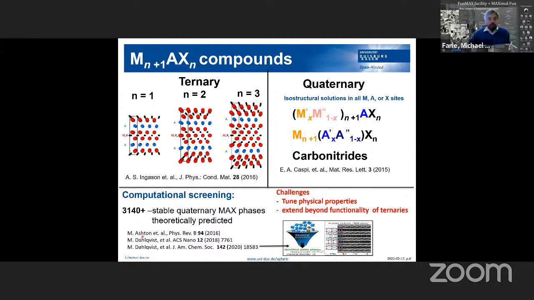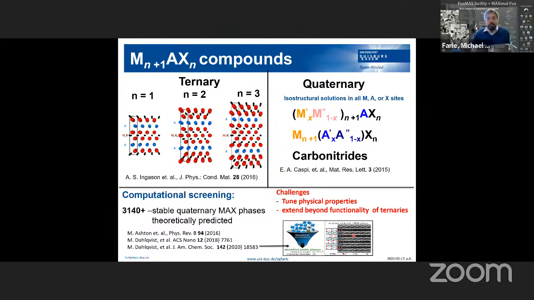Martin Dahlquist and other colleagues nowadays calculate, they do a computational screening on the stability of such MAX phase compounds. And then based on their predictions, the experimentalists try to do it. And sometimes it works. Sometimes in experiment, it works better than in theory.